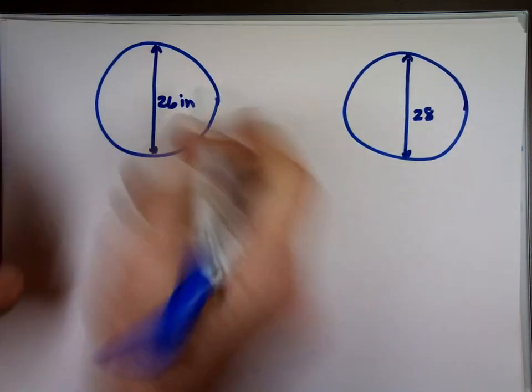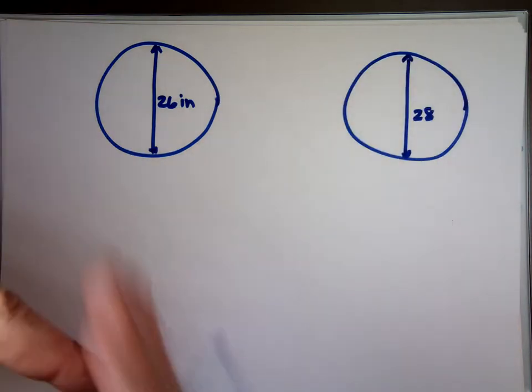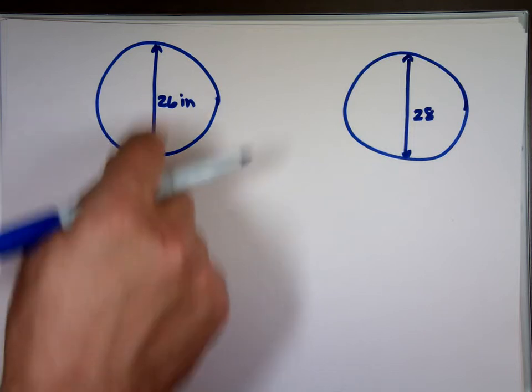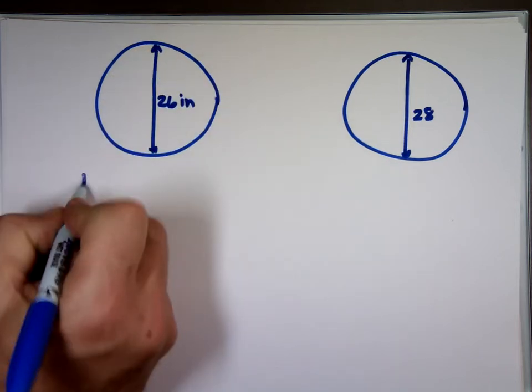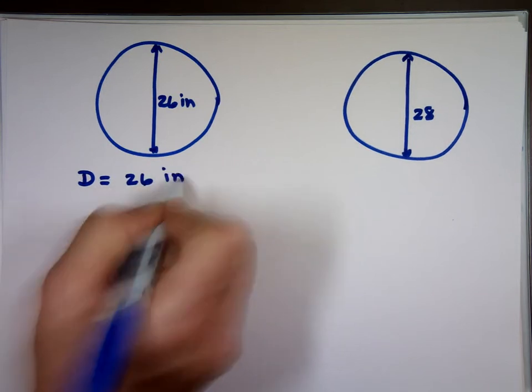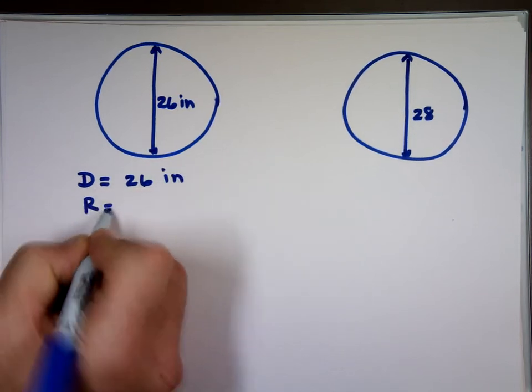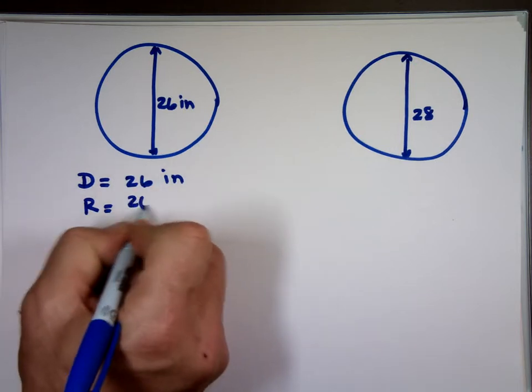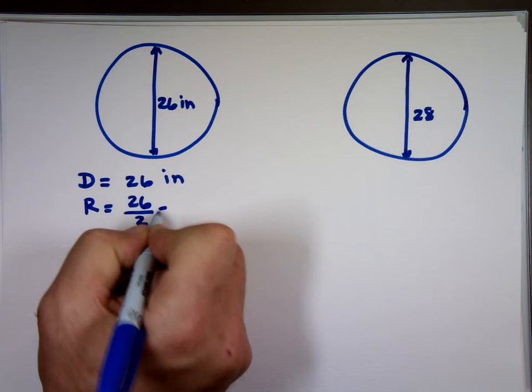When a tire makes one turn, how far did it go? Well, let's look at 26. At 26, that's the diameter, right? Diameter is end to end, that's 26 inches. Then what is the radius of that? Radius is half that number. 26 divided by 2, which is 13.